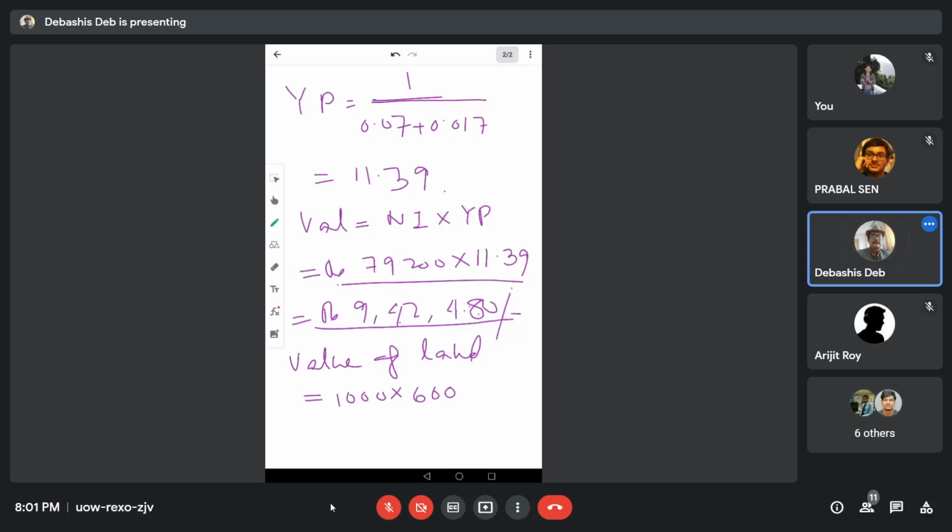So it is coming this much. Is it clear? We have calculated this in the earlier case also. Value of land is 60,000.